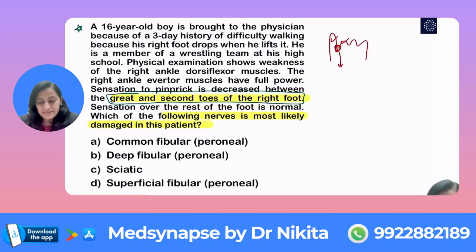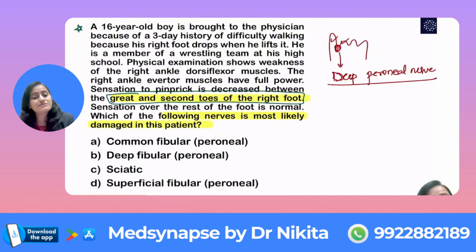First web space, it is deep peroneal nerve. This is just a one-liner frequently asked fact in all the exams, including FMGE exam, which has been put in a confusing question like this. So based on this itself, the answer becomes deep peroneal nerve. You should never forget that. This first web space, the sensation is deep peroneal nerve.